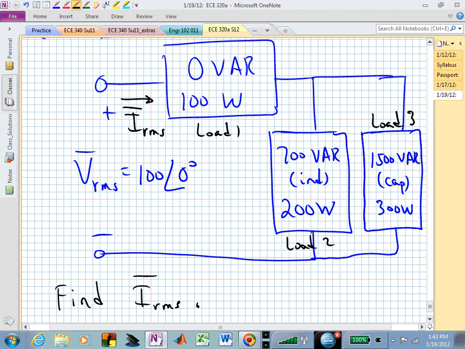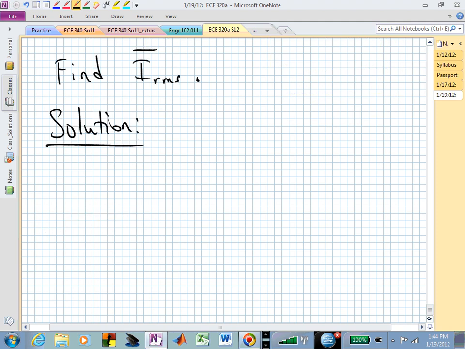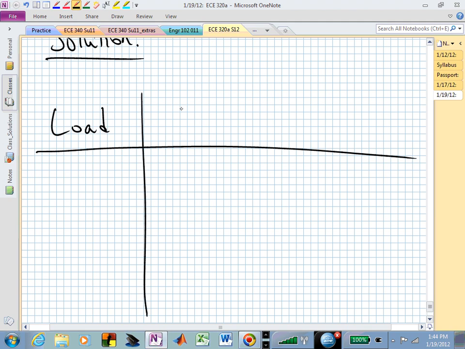You can actually just put this into a table to keep track of it. You could say, well, let me just put this all together. So here's the solution. We're all about keeping things clean. I could say, here's the load. Here's the real power. Here's the reactive power.